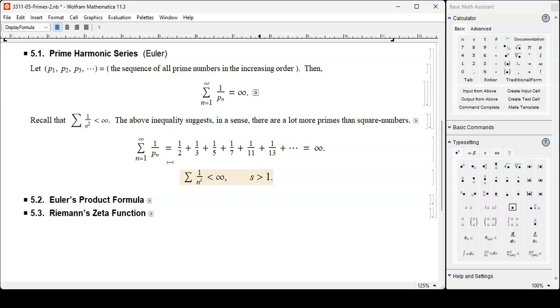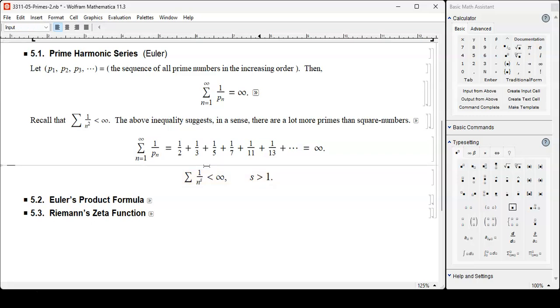But compared with n to any power, whenever the power is greater than 1, 1.0000000 whatever, and then 1, still it's faster than the growth of the prime numbers.